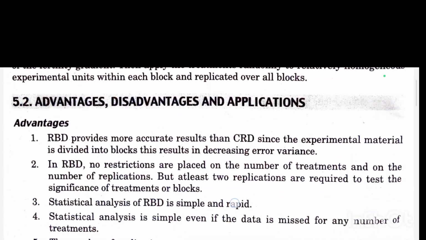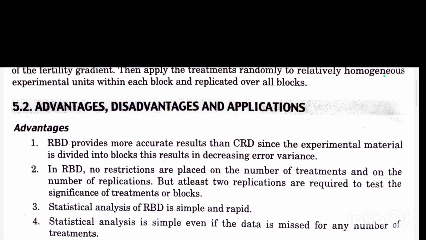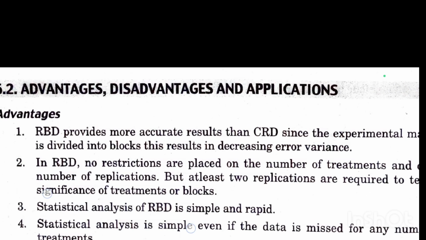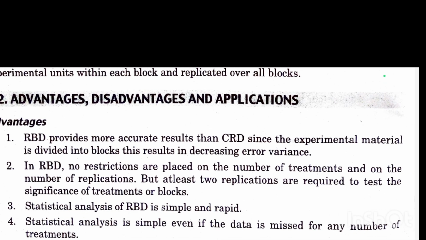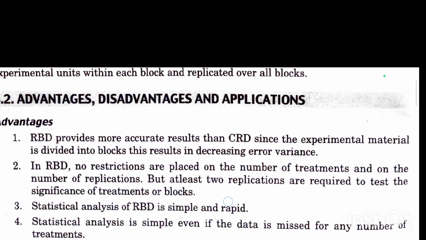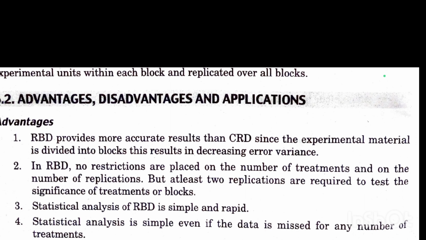Next, advantages and applications of randomized block design. RBD provides more accurate results than CRD since the experimental material is divided into blocks. This results in decreasing the error variance.